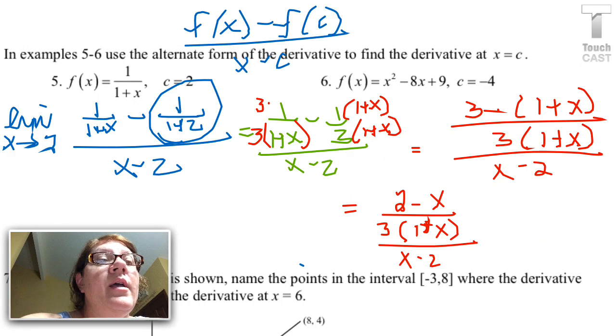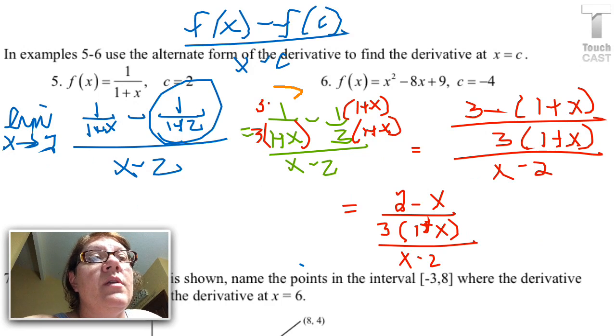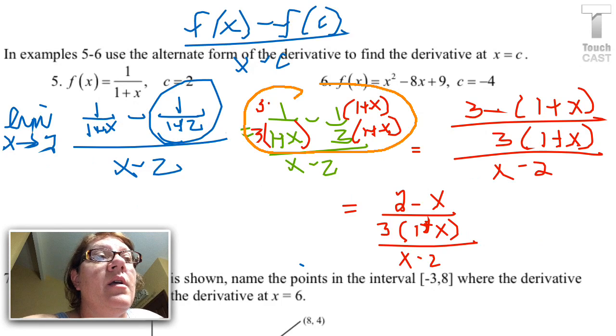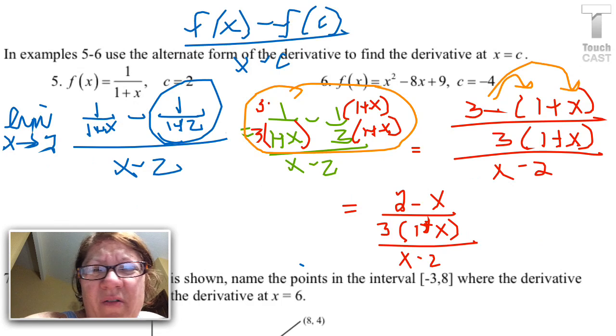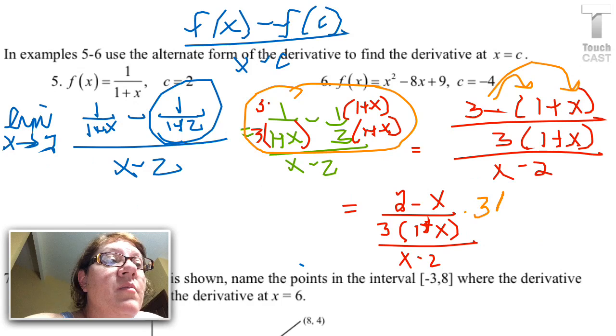Okay, so you can see that I got a common denominator in here. Oops, I didn't mean to erase. And then over here, I combine the numerators. Remember, I'm going to have to distribute that. So that's how I got 2 minus x. And so now I still have a fraction in a fraction. That's not good. So I want to kill the denominator. So I'm going to multiply top and bottom by that.